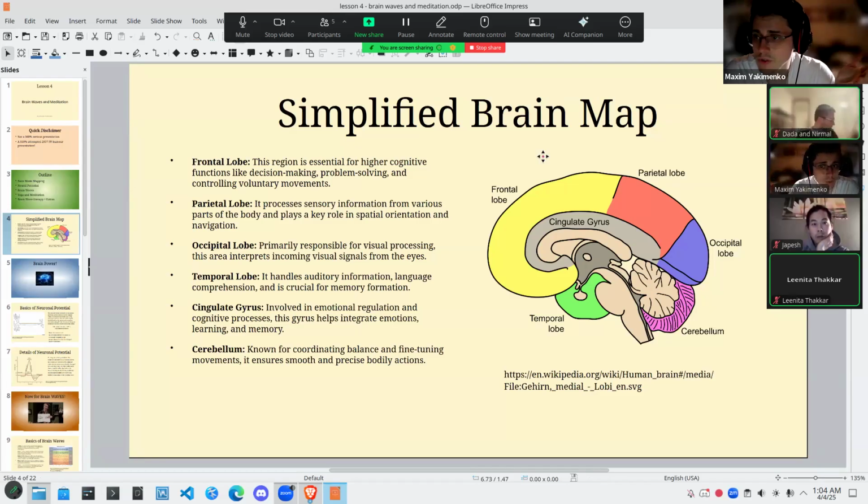So the frontal lobe is usually something that develops later in a person's life, and it's what we use to make our decisions. It is also one of the larger parts of our brain, and it's probably also the part that our brain evolved last.